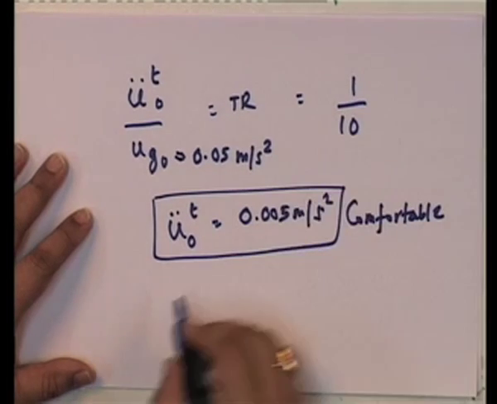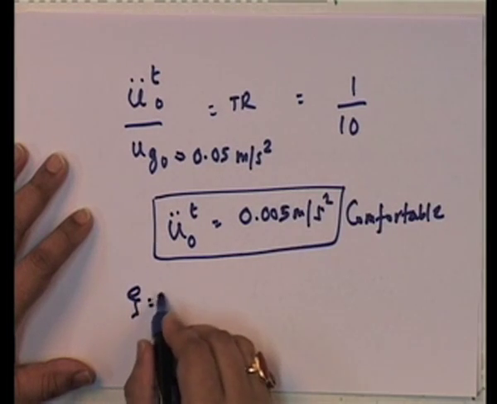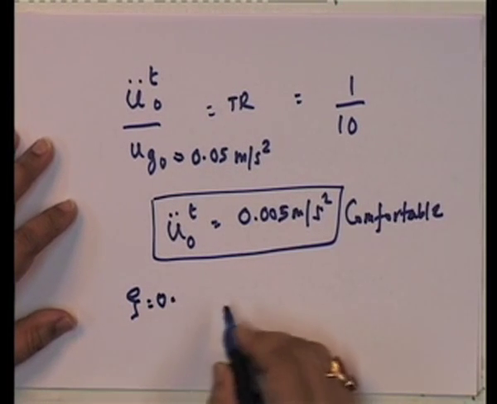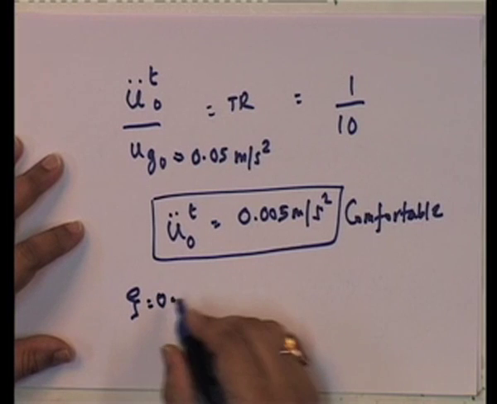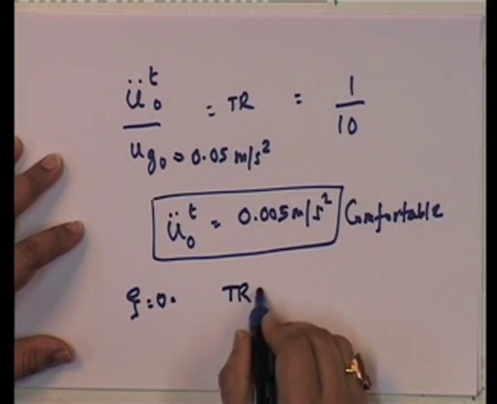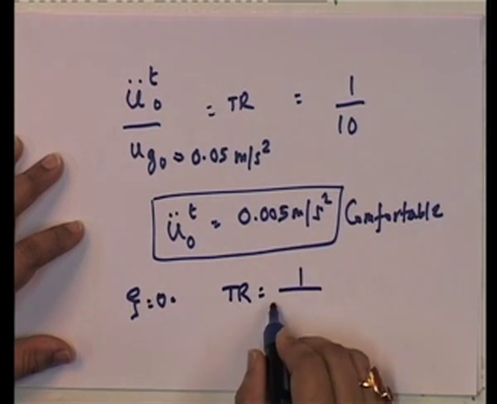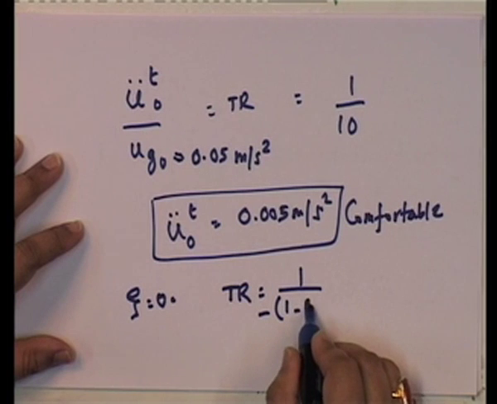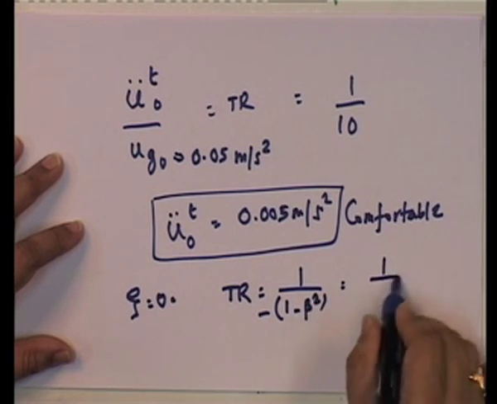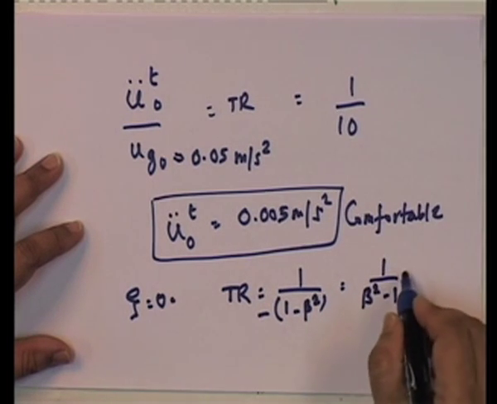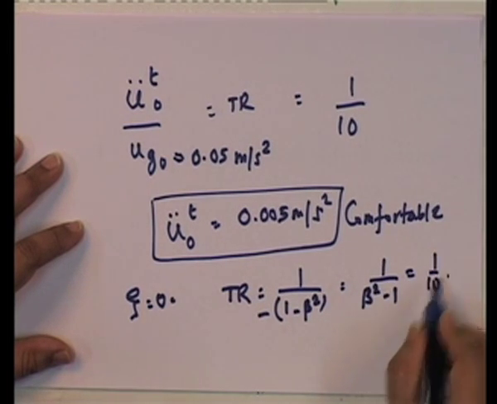Note that if TR is 1 upon 10, xi has to be equal to 0. If xi is equal to 0, then TR is equal to 1 upon minus 1 minus beta squared, in other words, 1 upon beta squared minus 1, which is equal to 1 upon 10.